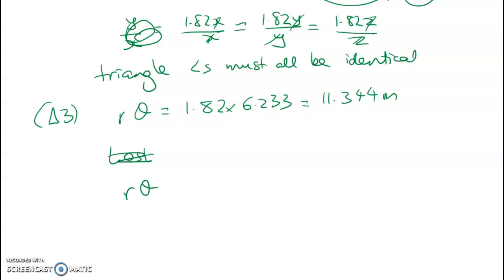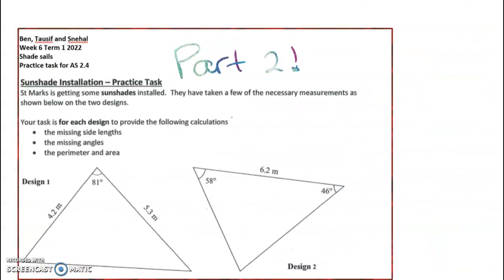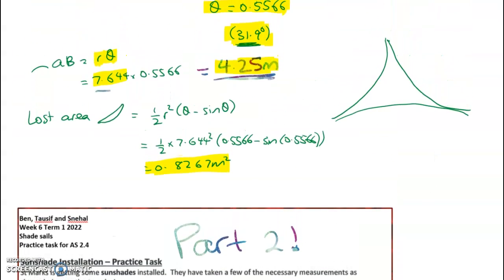And we get the arc length for triangle 2. R theta works out to be what? I'm just trying to see it on my bits of paper. Okay, so we get 1.82 times 5.3 was 9.646 meters. And from up above, we had the first arc length here was 4.25.